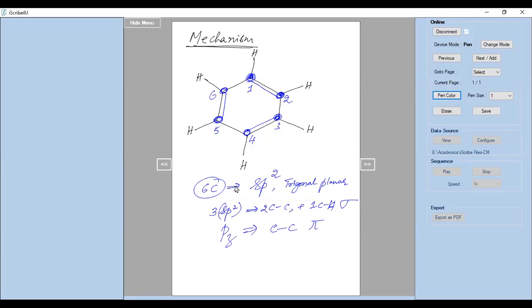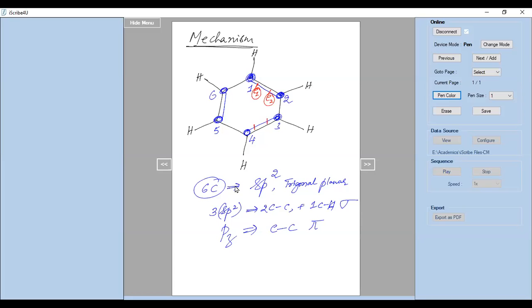This pi bond between C1 and C2 has 2 electrons. This electron belongs to the first carbon, which I represent as E1, and this electron belongs to the second carbon, which I represent as E2.